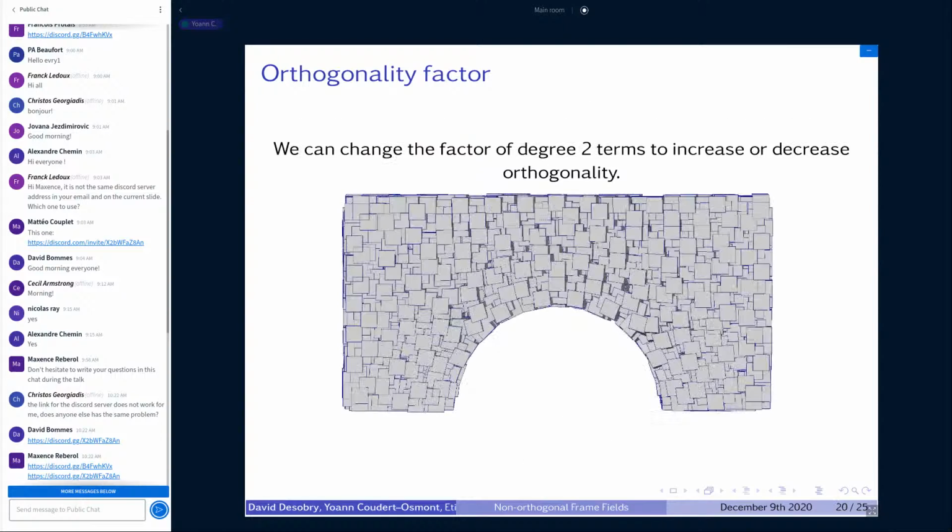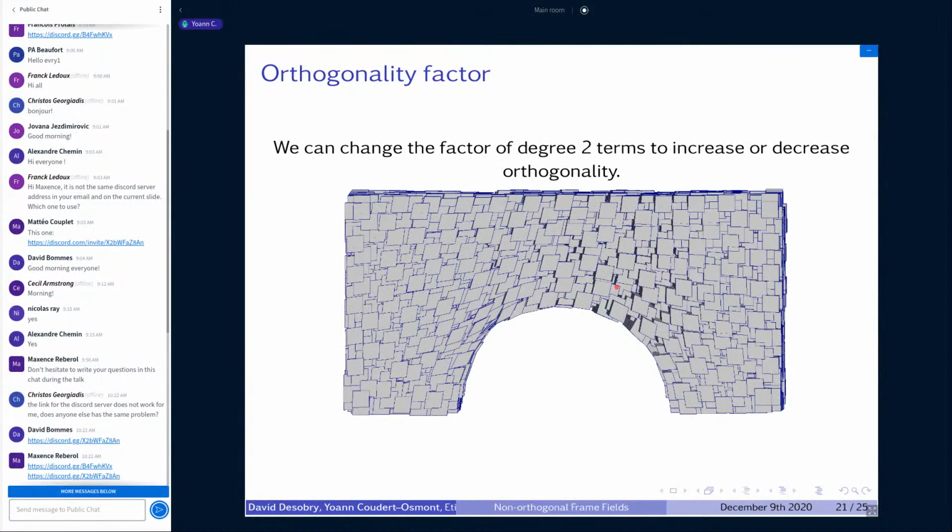So I will illustrate that on this bridge. Here we have a large factor in front of degree 2 terms. We can see that frames are orthogonal or almost orthogonal here. Then if we decrease a bit the factor in front of degree 2 terms, we can see some frames that become non-orthogonal on the left of the image.